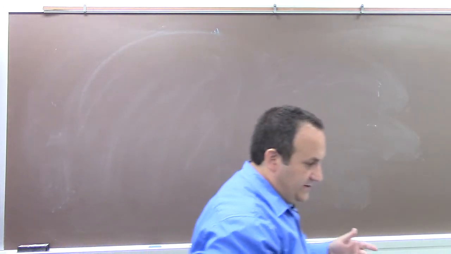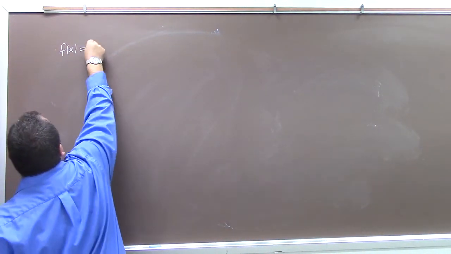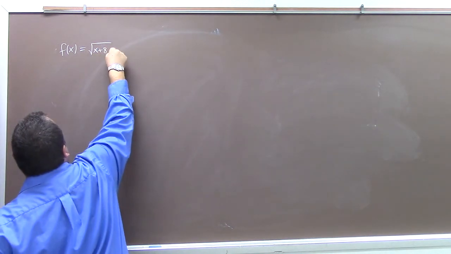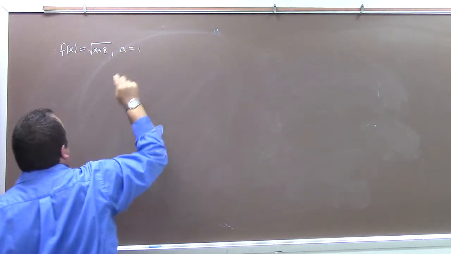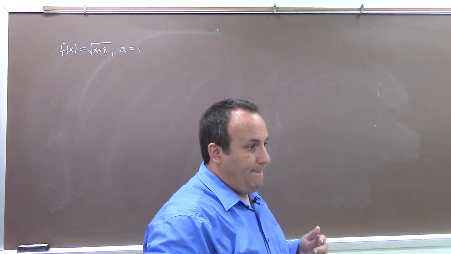Actually, there's a few different things we're going to do, but let me start out with this one. I have f of x equals square root of x plus 8, a equals 1. I'm supposed to calculate. Yep. You want us to take notes on this?